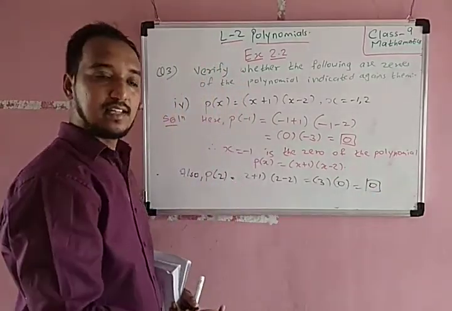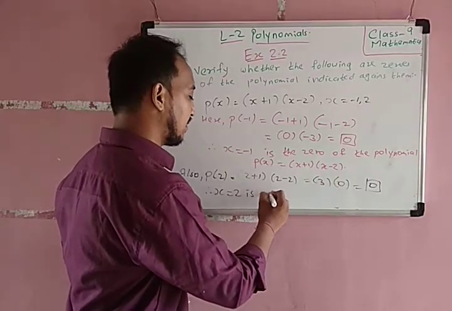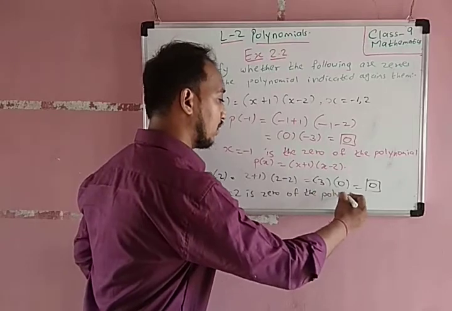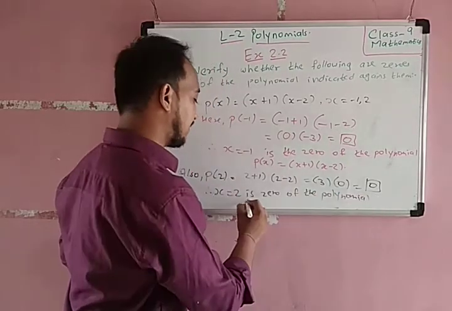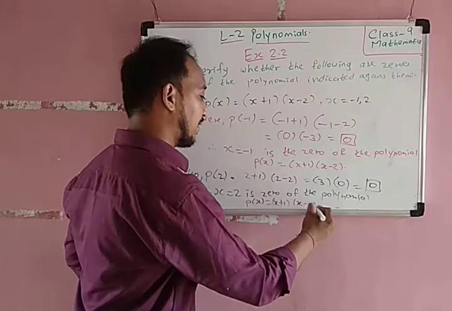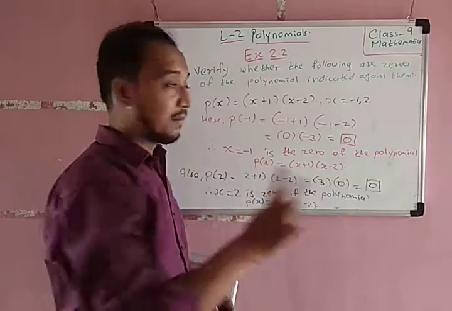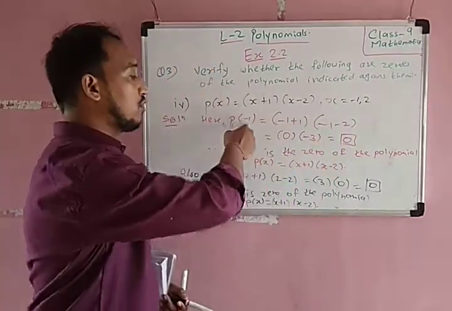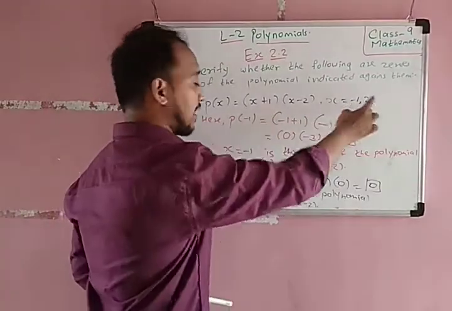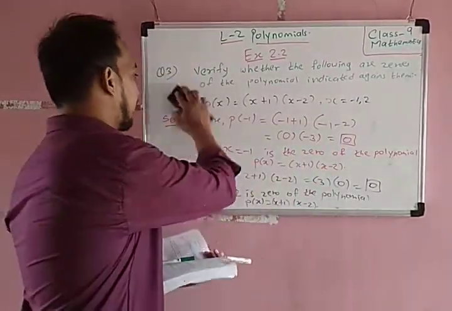So this is also a 0. Therefore x equals 2 is a 0 of the polynomial p of x equals x plus 1 into x minus 2. So if two points are given, you have to solve for both. First you put this point, second you put this point. Okay, now let us start another one.